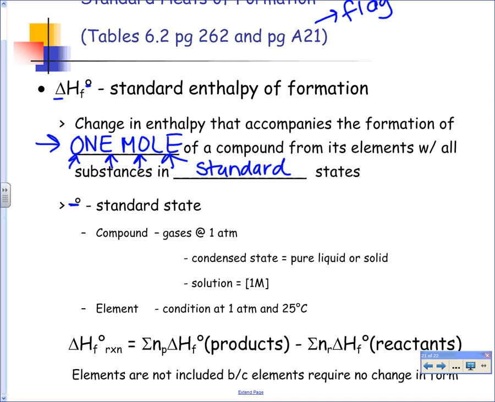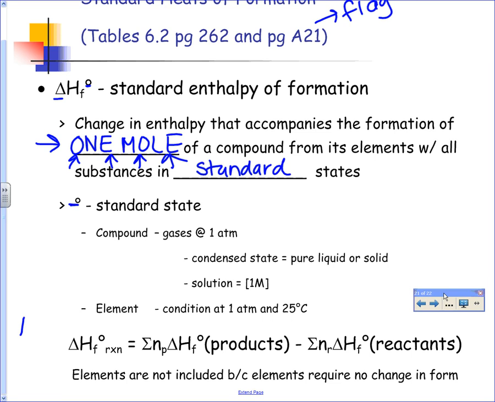For a solution, this means we're dealing with a 1 molar concentration. For an element, this would be conditions at 1 atmosphere and 25 degrees Celsius. So at these conditions, is it a solid, a liquid or a gas? Let me just move this real quick so we can see that.